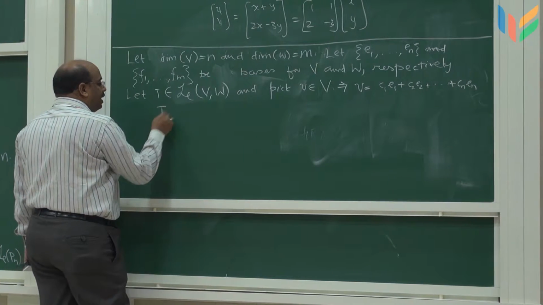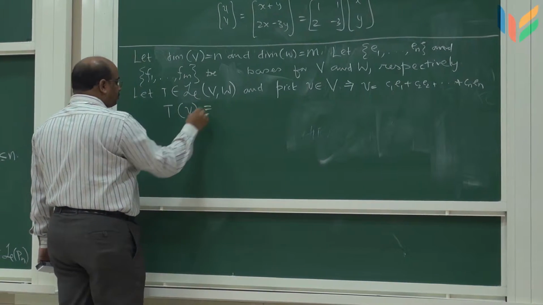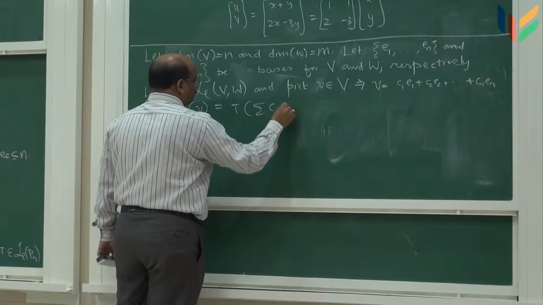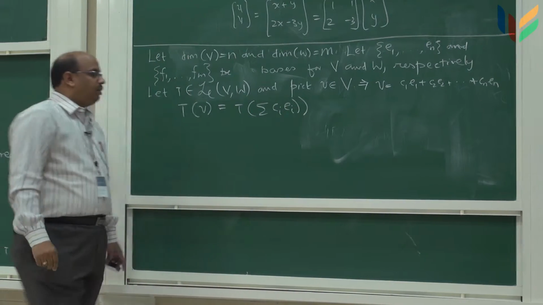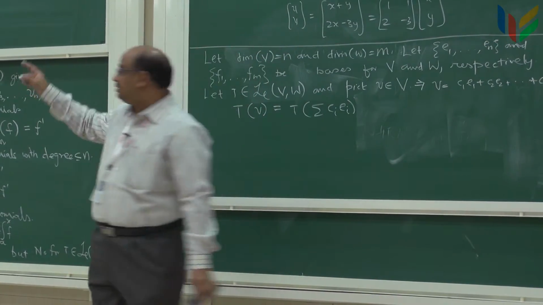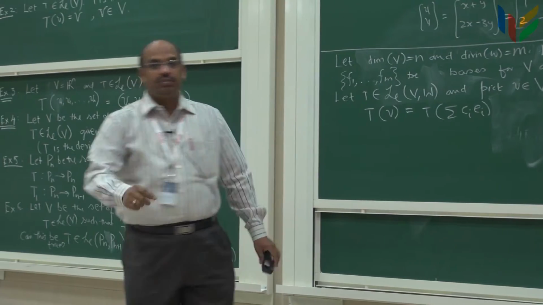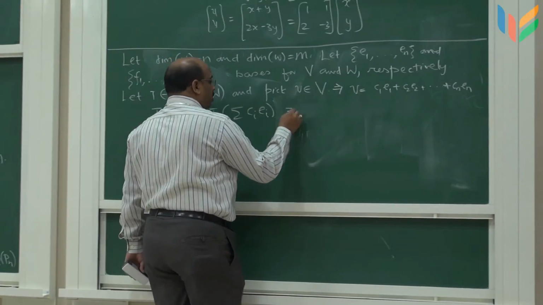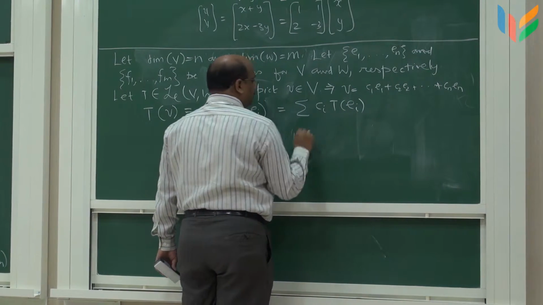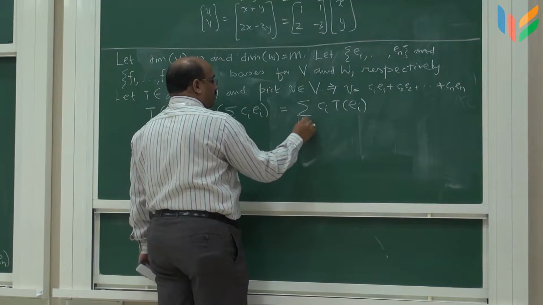Now, T of v is T of the summation of Ci Ei. Because it's linear, I can use the two properties. Therefore, I'm going to get the summation of Ci T of Ei, i equals 1 to n.